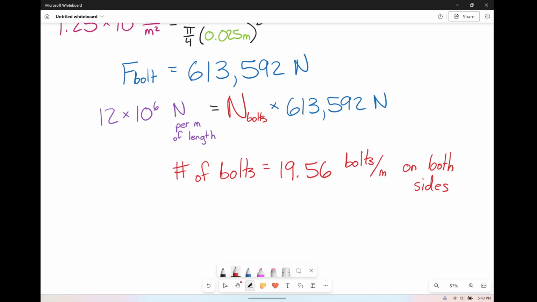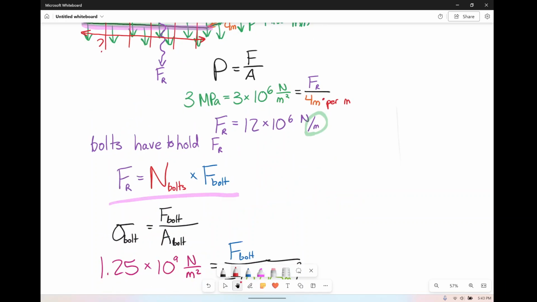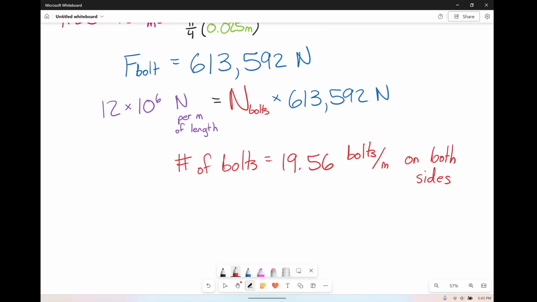So ask yourself, if I put more bolts, is that going to be a bad thing? If you use more nails to hang up a picture, your picture's less likely to fall down. So in the case of my thing exploding here, more bolts is definitely a good thing. So we're going to round up to 20 bolts on both sides.